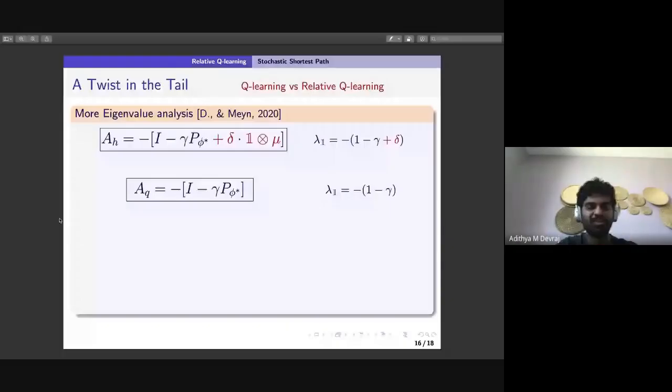I don't even know how old relative value iteration is. I found it in Puterman's book, and I used a lot of the theory from there to develop this algorithm. When it comes to Q-learning, the only work I know is the paper that I showed earlier by Abounadi, Bertsekas, and Borkar. Relative Q value iteration you can probably find again in Puterman's book, but it is very old.